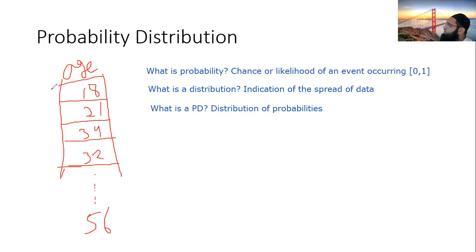And probability distributions are fixed. We have a certain set of probability distributions, and all the data in the world will follow one or more of these distributions. Just try to understand that. I'll just write this down.